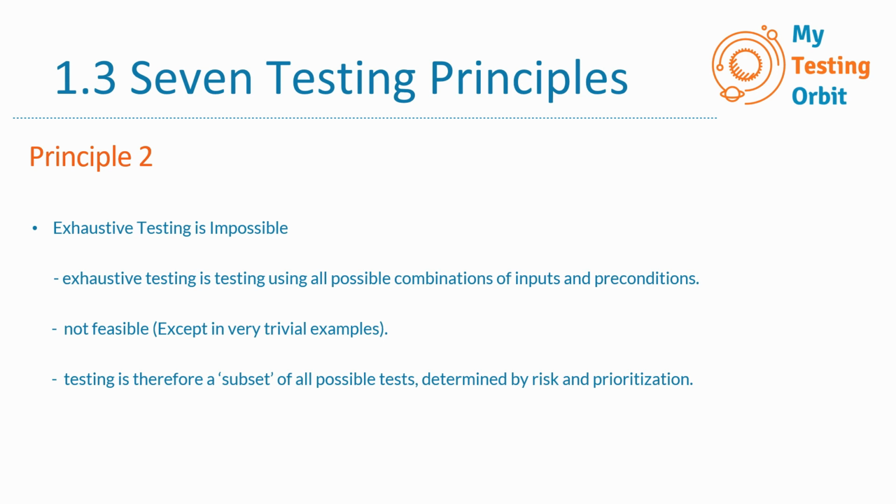So because we know that exhaustive testing is not possible, it's not feasible, what we do is we take a subset of all the tests which are important to execute, and that subset of the tests is identified by their risk level and their prioritization level, that is, what is the priority of those tests and what's the risk level. So in the later sessions we will go into the priority level and risk levels in more detail.